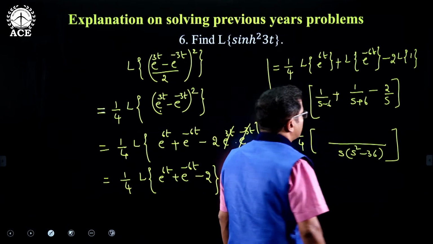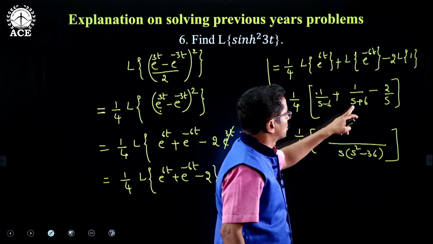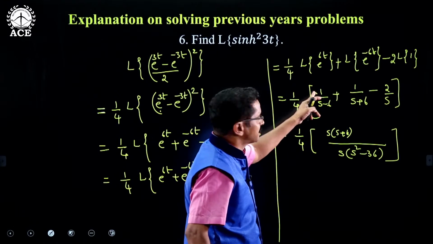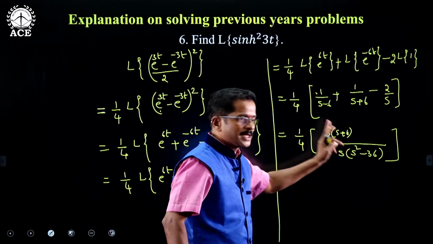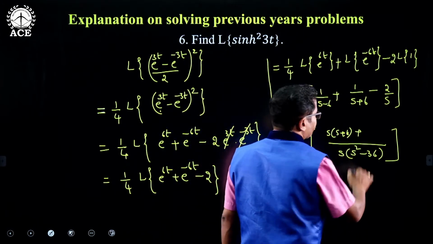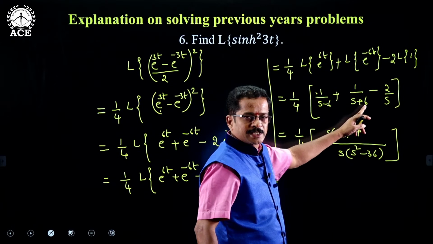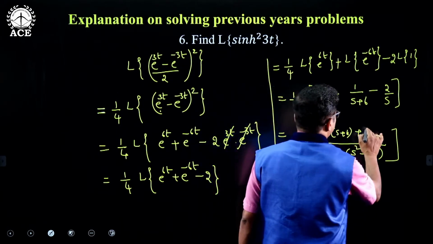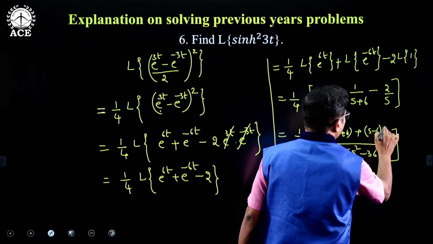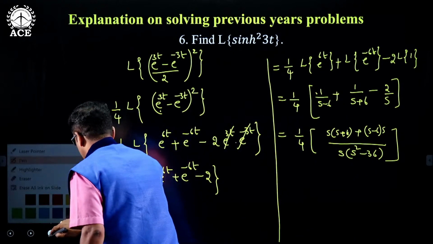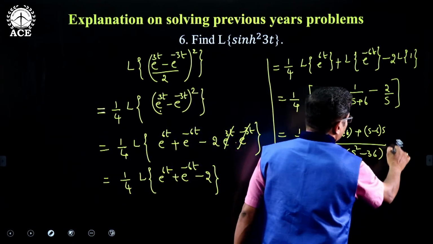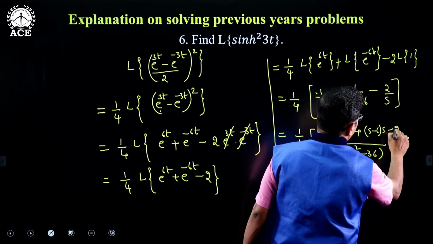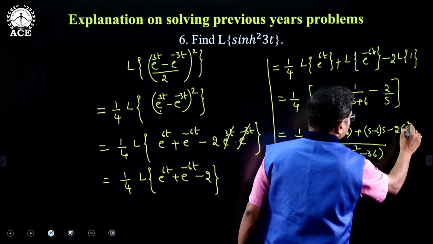Now here the numerator will be these two combination s into s plus 6, other than its denominator from the LCM, plus here denominator is s plus 6, so its numerator is s minus 6 into s, minus 2 into s minus 6 into s plus 6, which is s square minus 36.